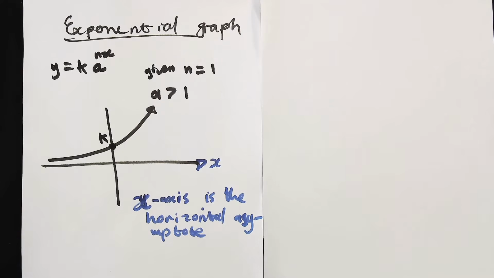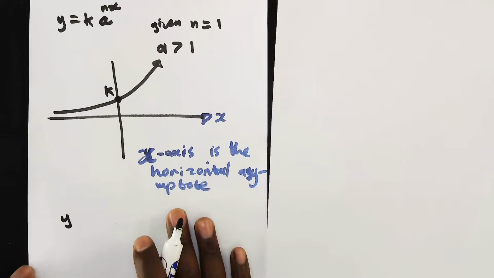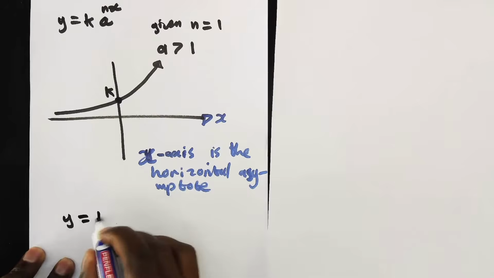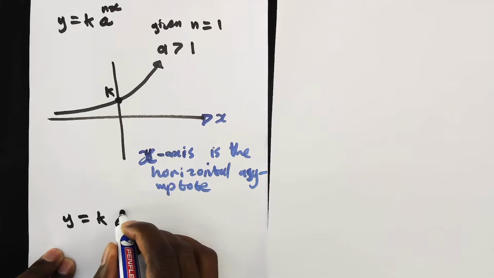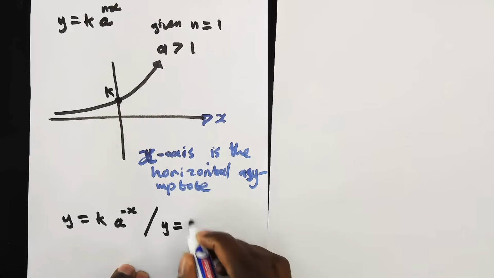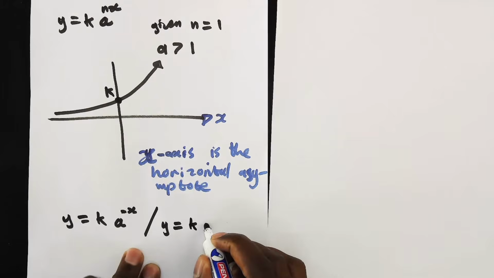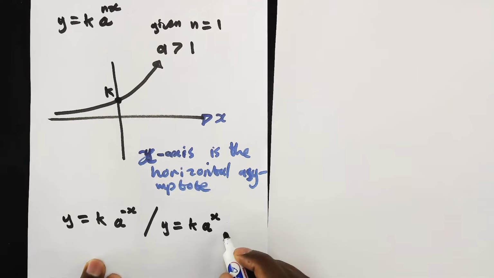But the key thing that you need to note is, for an example, a case where y equals a to the power of x plus k, but specifying that a is greater than 0 but less than 1.